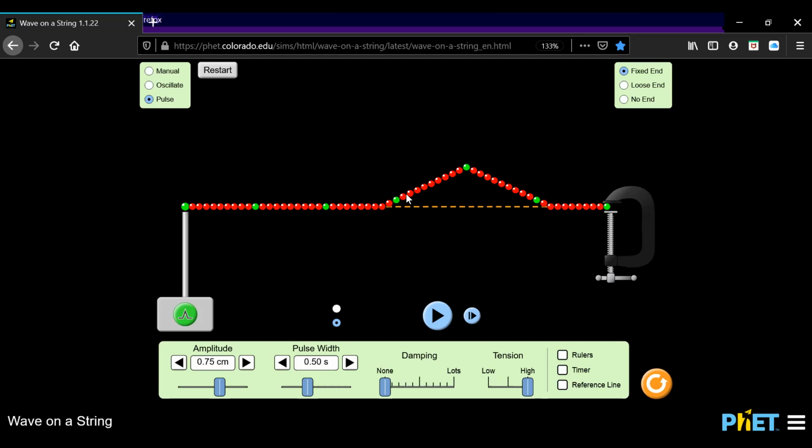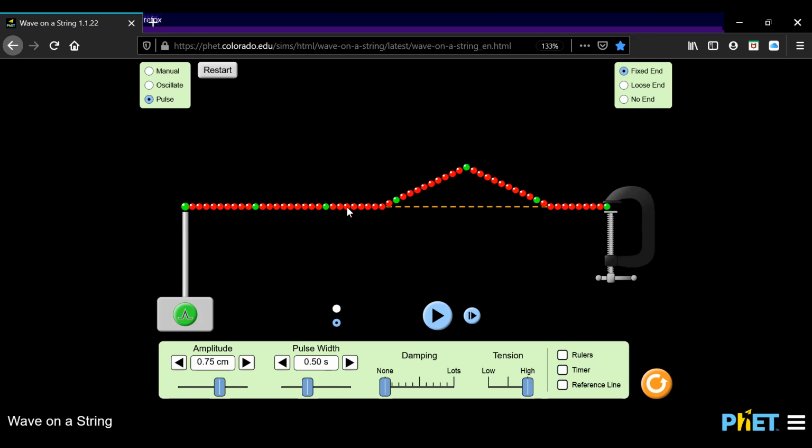We're describing this pulse as a function of the length of the string. The value of the function on the left side is obviously 0, and the value right here increases to a maximum, then decreases back to 0, and ends up being 0.